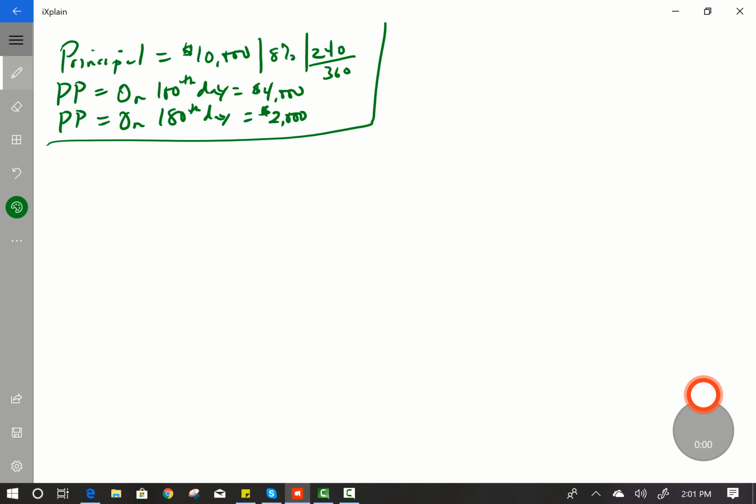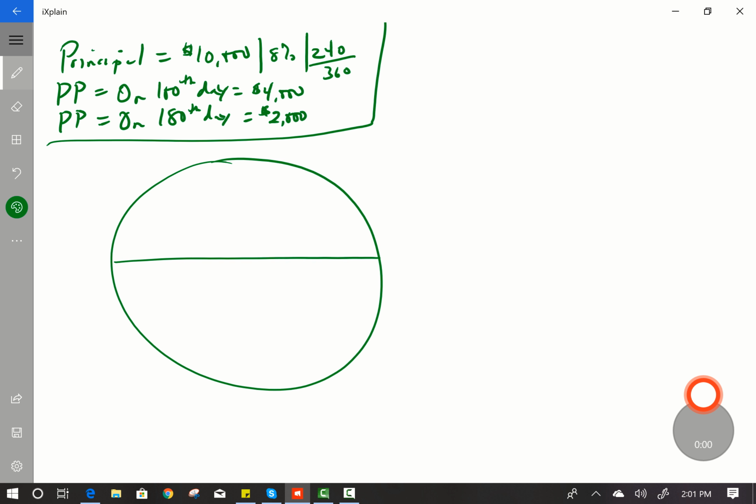Okay, I'm going to work this to find out how much interest and what the maturity value of this problem would be if I did not make any partial payments whatsoever. So that's where I'm going to start. Okay, the principal is $10,000, and the rate is 8% or 0.08 after you move the decimal point 2 places to the left, and it's based on 240 days in a 360-day year for Banker's method.